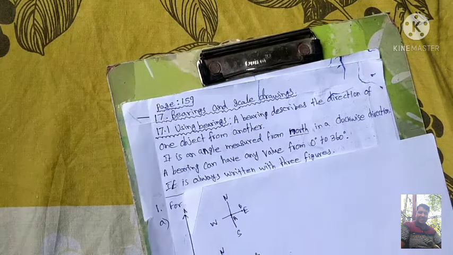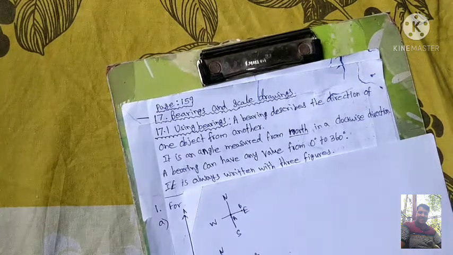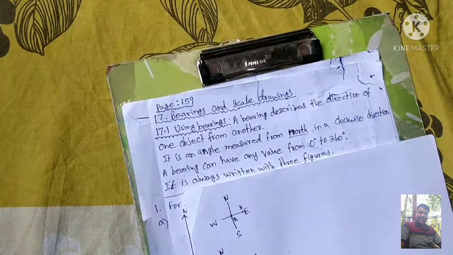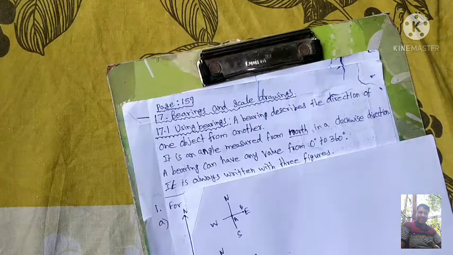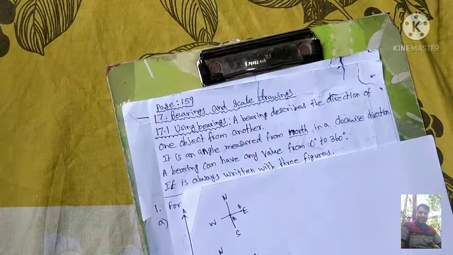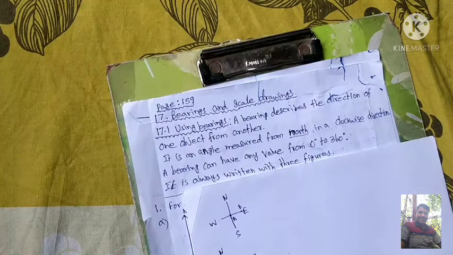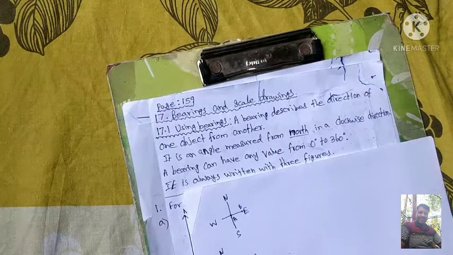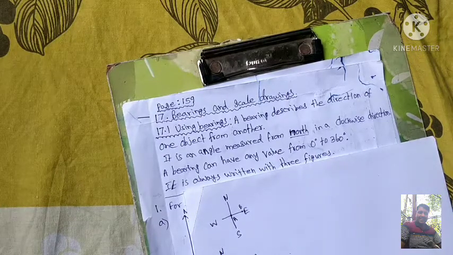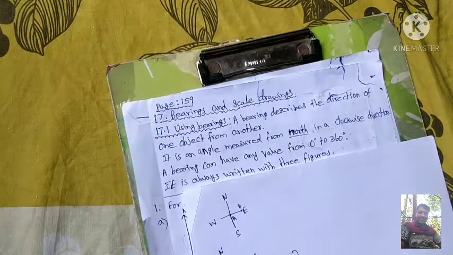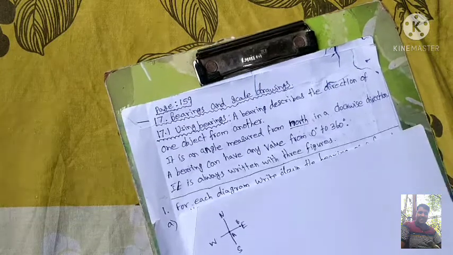Otherwise they will ask like this: bearing of A from B. It is same as bearing of B to A. So B to A means we are starting from B and ending in A. And A from B means we are starting from B and ending at A. So these two are same and these two are same. You have to remember this. This is very easy. Just remember these points.